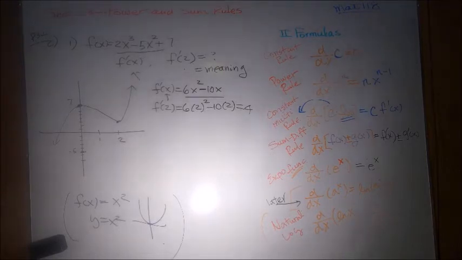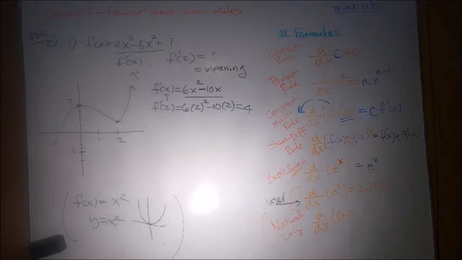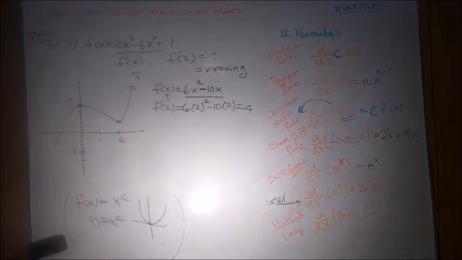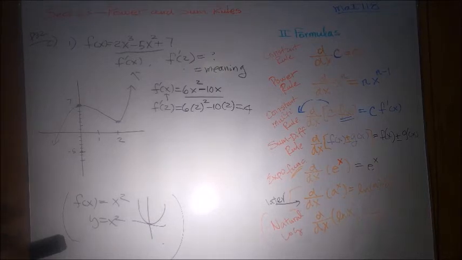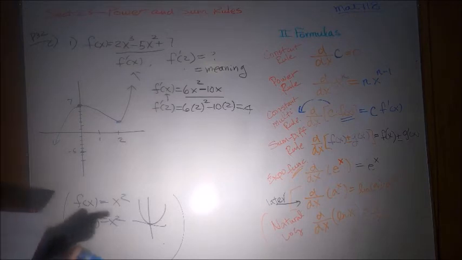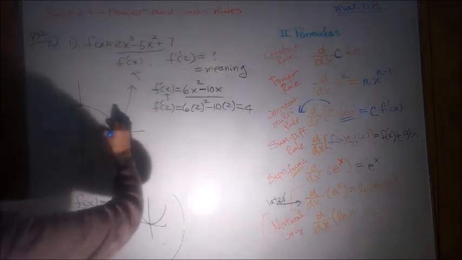That's the thing we are learning. So we say what? F prime at this point, it means what? Instantaneous rate of change, or it's what? It's the slope of the tangent line, right? So if we look at the tangent line, it is this way.